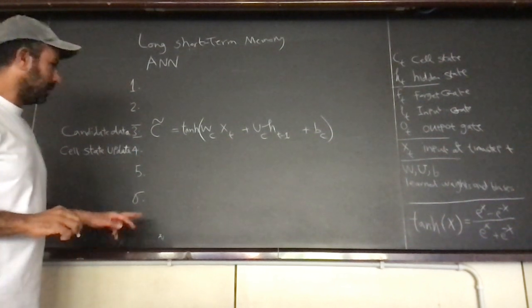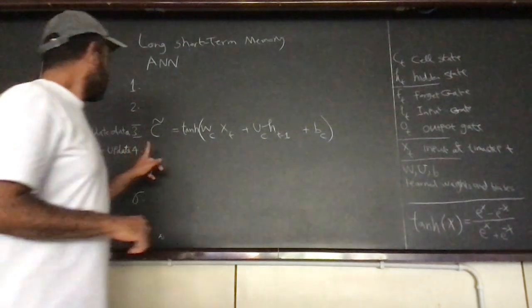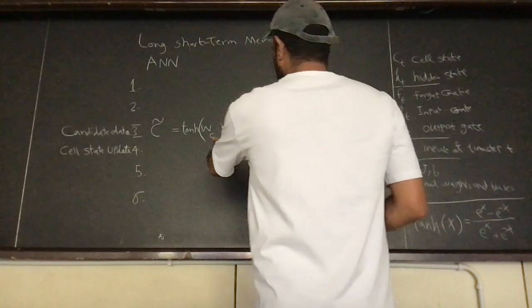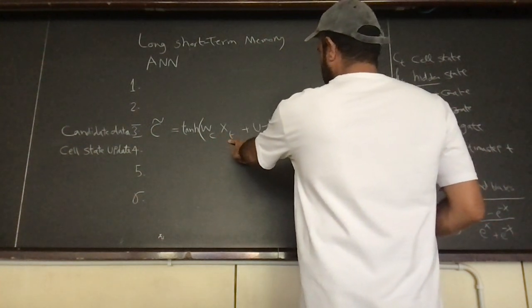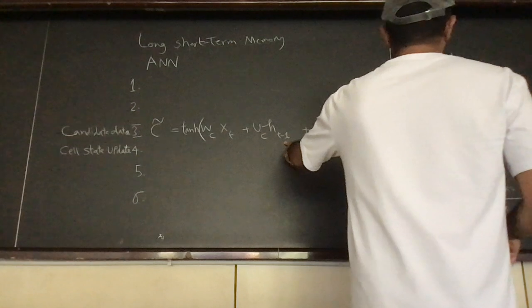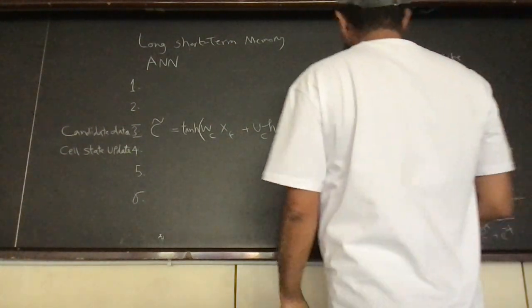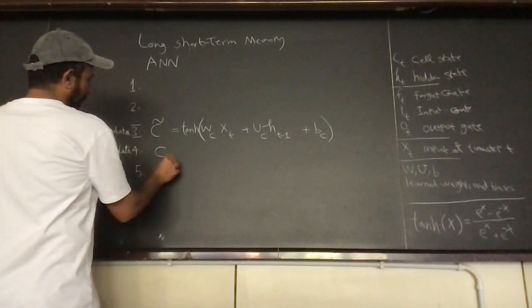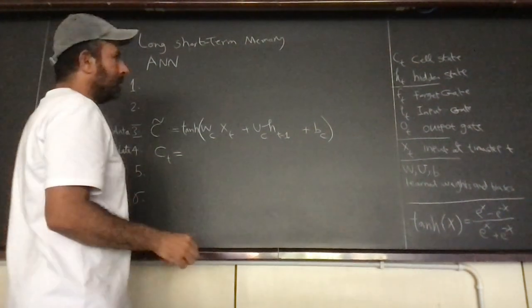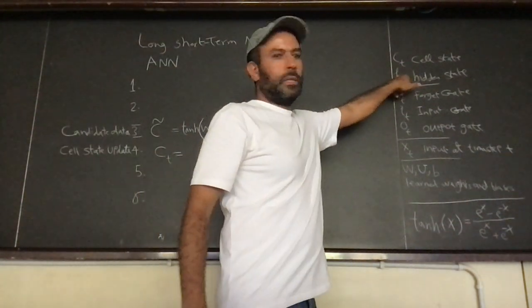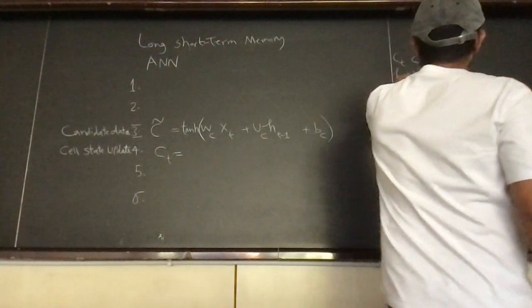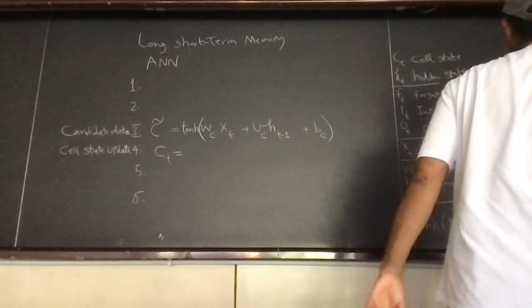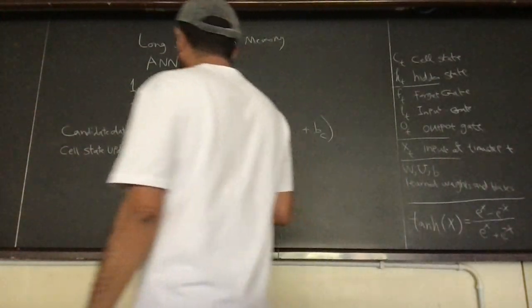We have talked about the candidate data and its weighted input, and also the hidden state. Now let's talk about the cell state. The cell state, as we have said here, represents the long memory. What does it consist of?